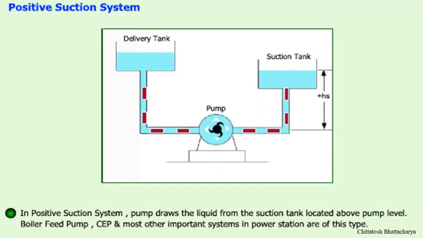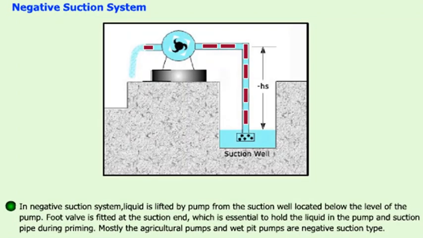When we are drawing water or liquid from a sump with a foot valve, it is a negative suction system, and the liquid is lifted by the pump from the suction well located below the level of the pump. This type of arrangement is mostly in agricultural pumps and wet pit pumps.